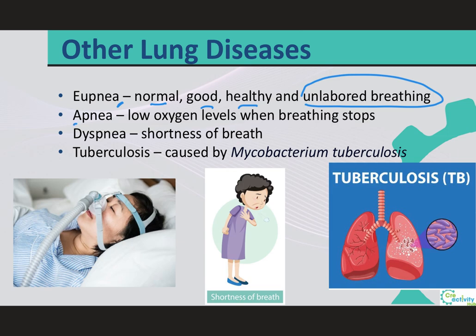Next, we have apnea, and this is when you stop breathing while asleep, or you have almost no airflow. Anything that could narrow your airways, such as obesity, large tonsils, or changes in your hormone levels, can increase your risk for this type of obstructive sleep apnea. Now, central sleep apnea happens when your brain does not send the signals that are needed for you to be able to breathe.